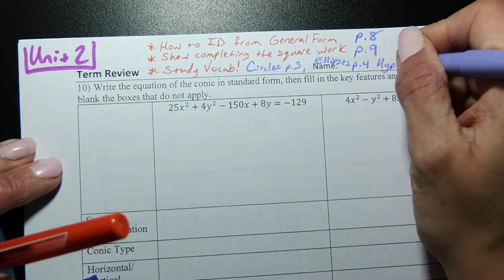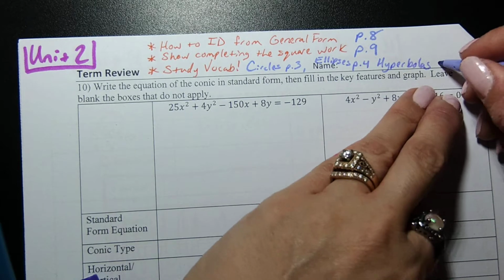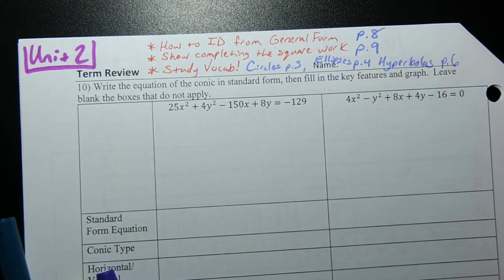Hyperbolas, page 6. And that's it. We didn't do anything with the parabolas first time around, other than identify them. We're not even going to do that on the final. So that's where you will find all that vocab.